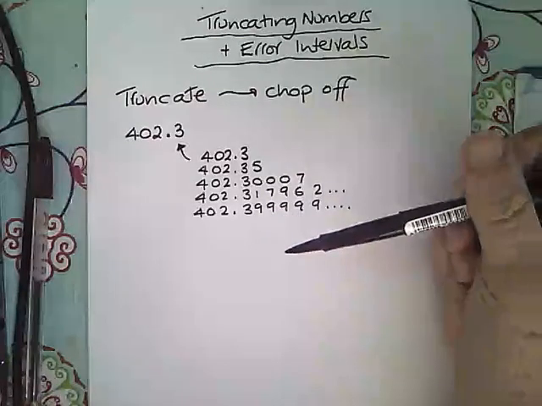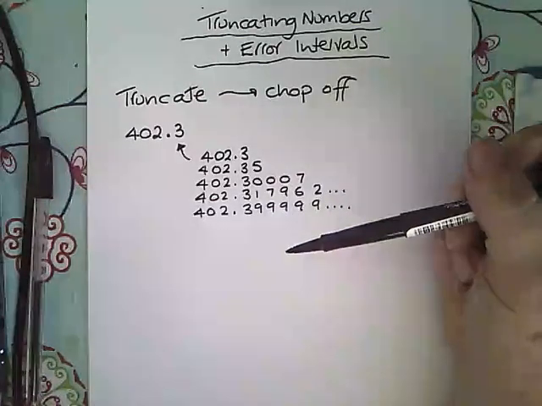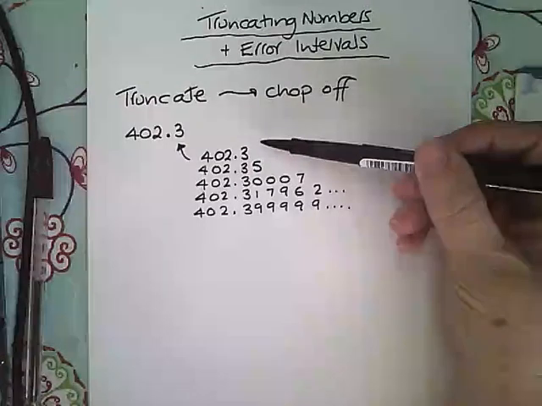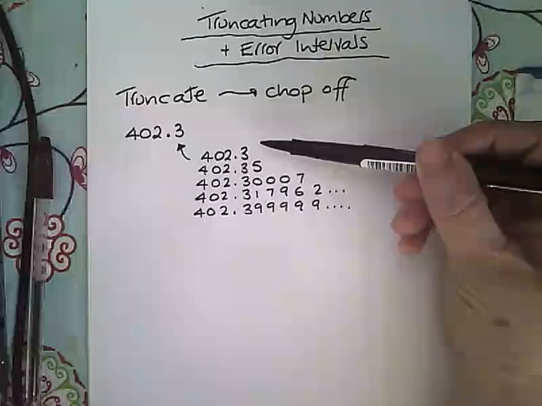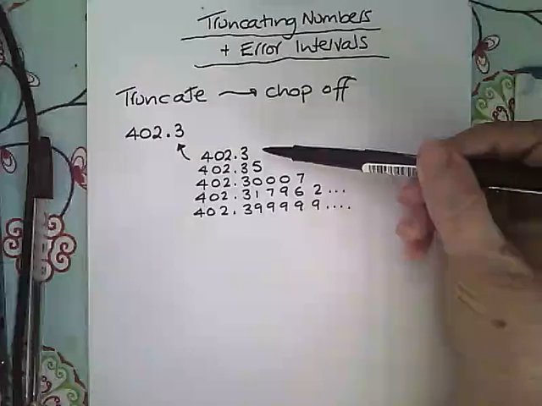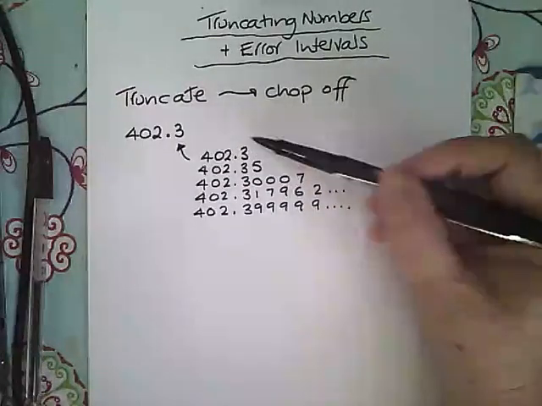So what we need to do is think about, it can be any number, the number that was on the calculator display, that is greater than or equal to 402.3.